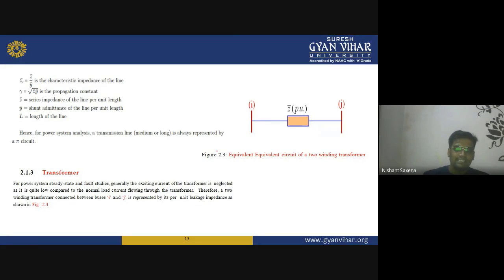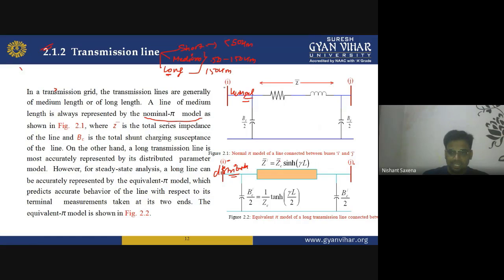Now, Z_C is the characteristic impedance of the line. I think you are aware of the characteristic impedance, or the surge impedance, of the line.